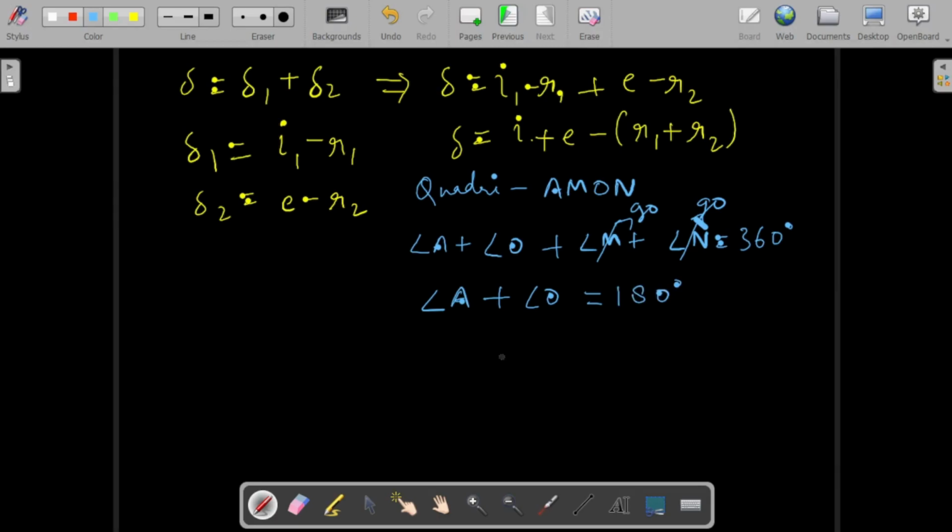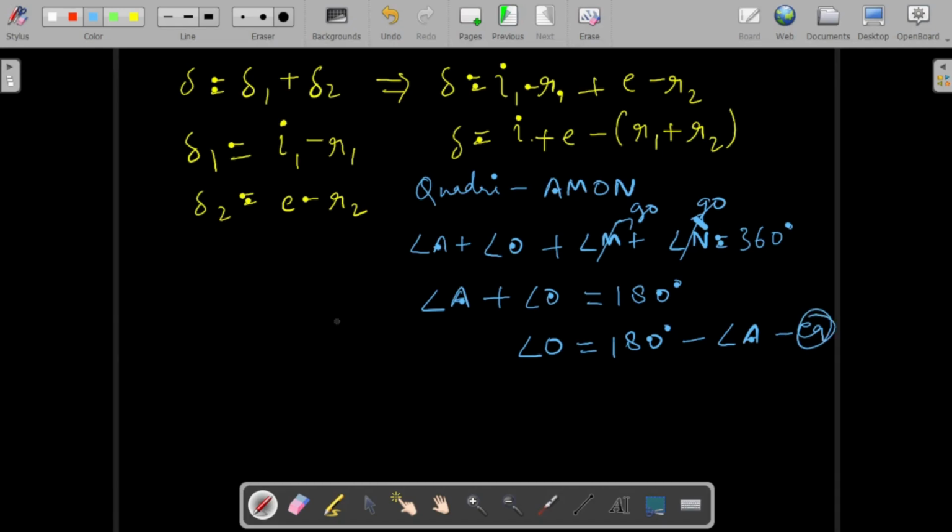Now, if I write in terms of O and A, angle O equals 180 degrees minus angle A. Consider this as another equation.